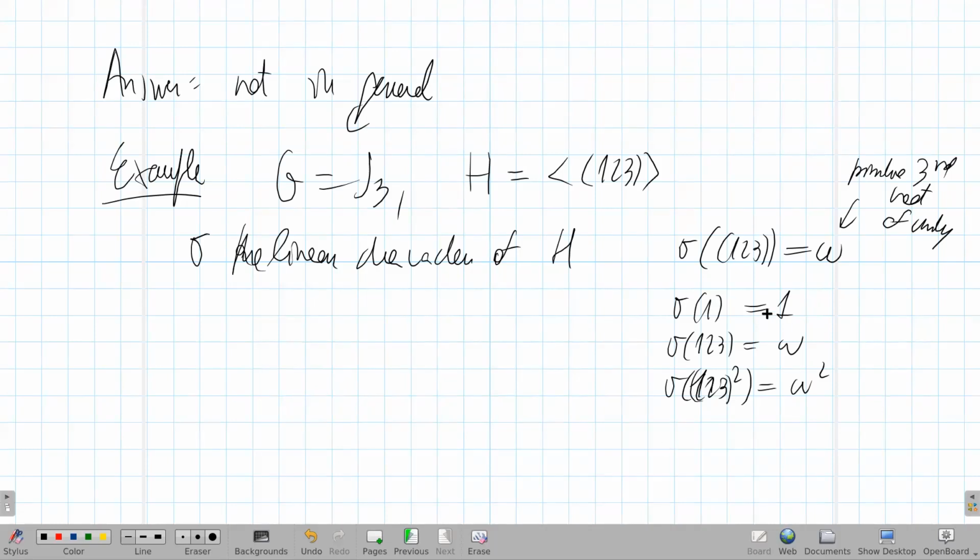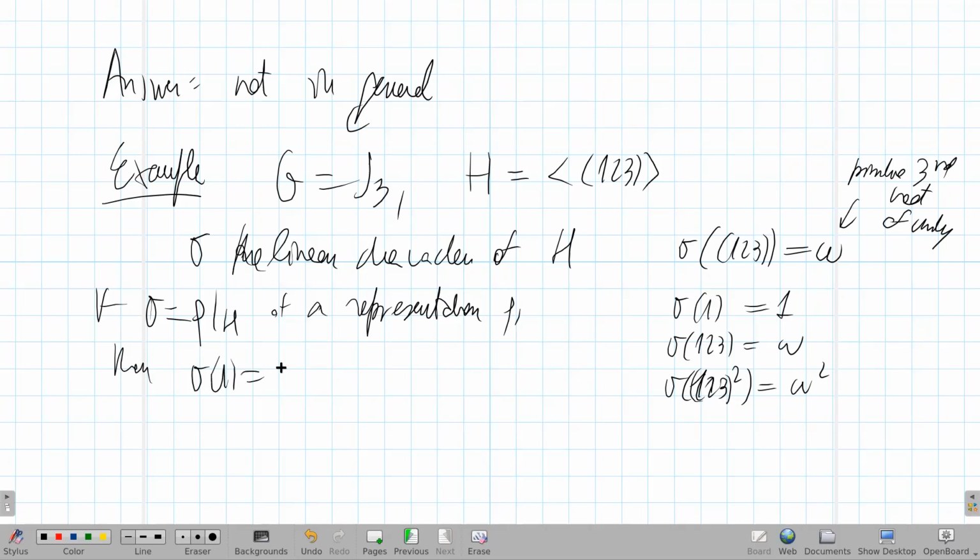Of course, if sigma equals rho restricted to H of a representation rho, then since 1 is in H, sigma of 1 is rho of 1, which means rho is also a linear character.